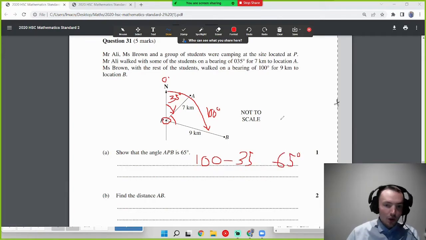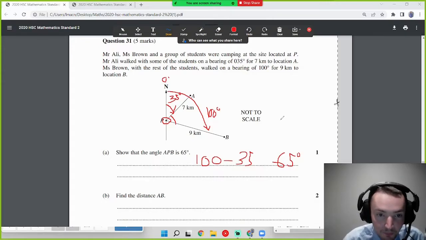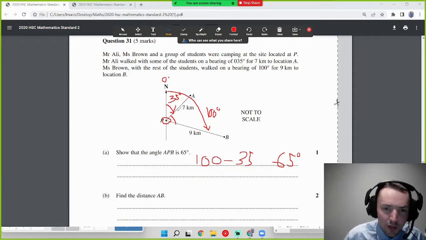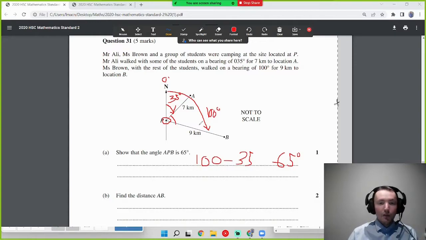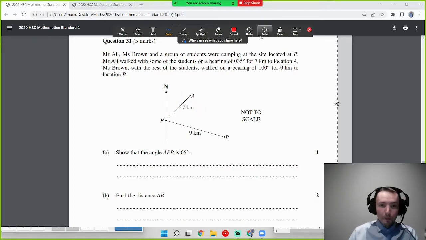So you could say APN is 35 degrees, NPB is 100 degrees, so therefore APB has to be 100 minus 35 degrees, which equals 65 degrees. Cool.